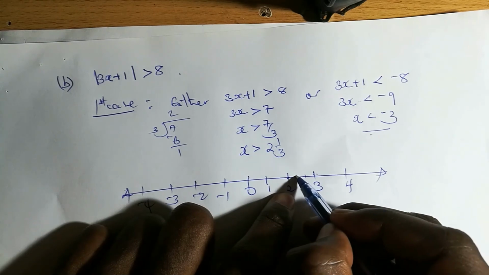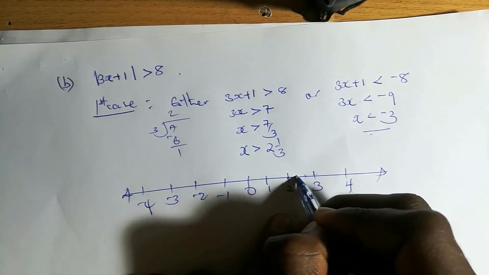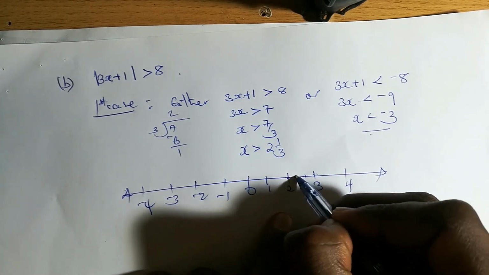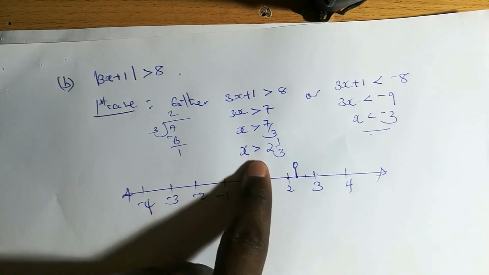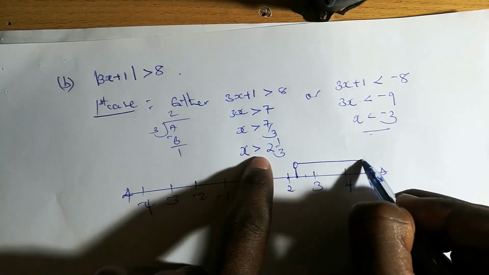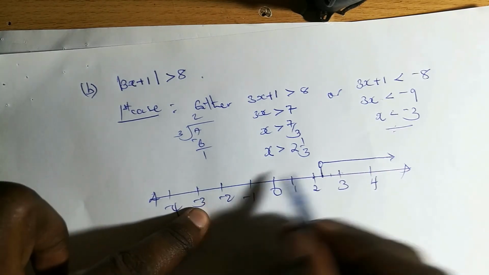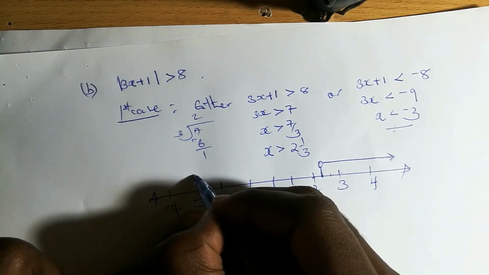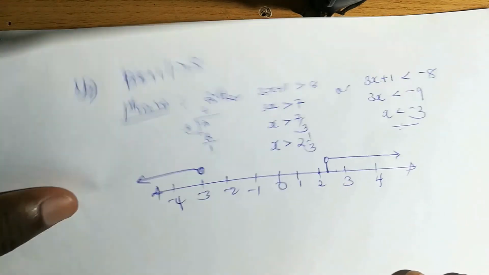So at 1 out of 3, that's this point here, 2 and 1 out of 3. Let me put there an open circle, and it's greater going that side. Then for this case, we have x less than negative 3, and it's also an open circle. We put that open, then it's less going that side to the negative.